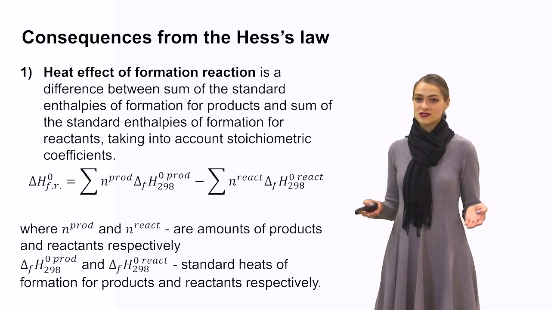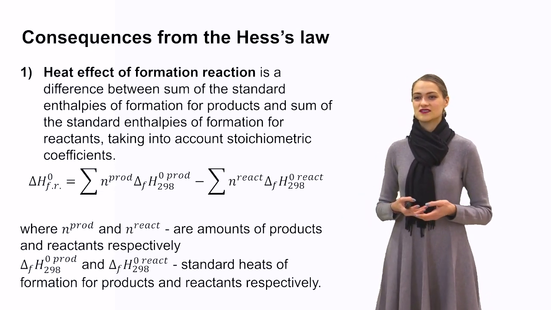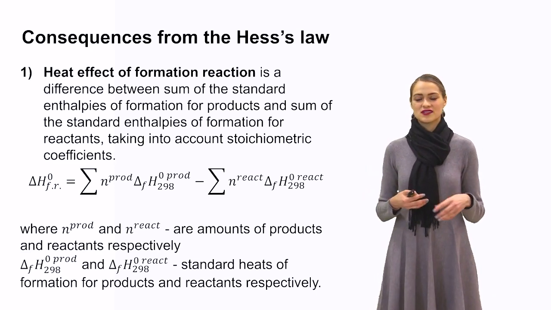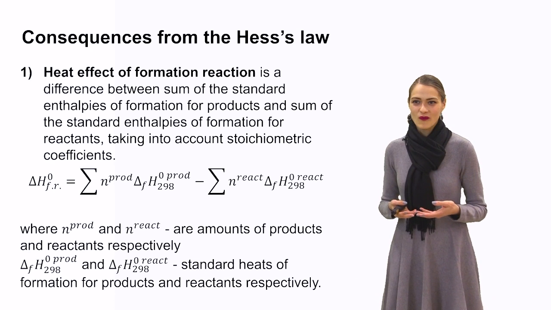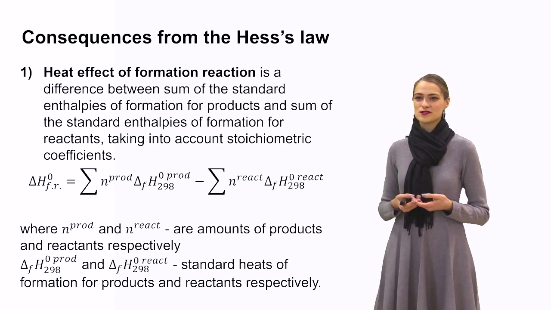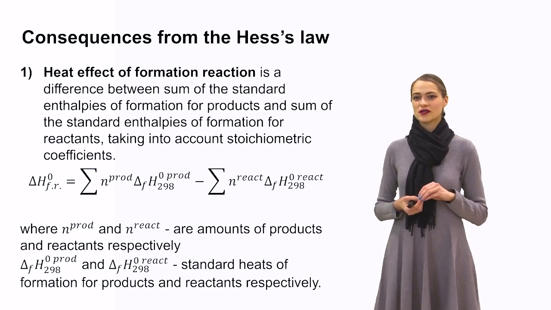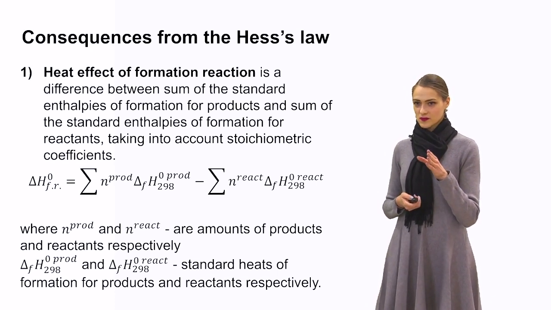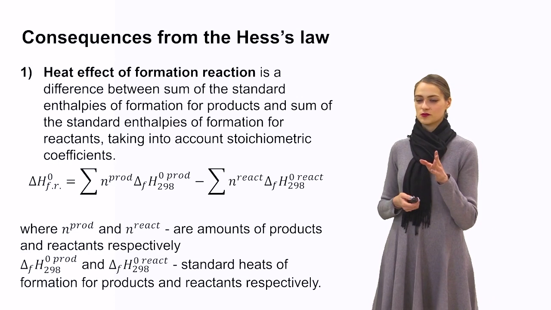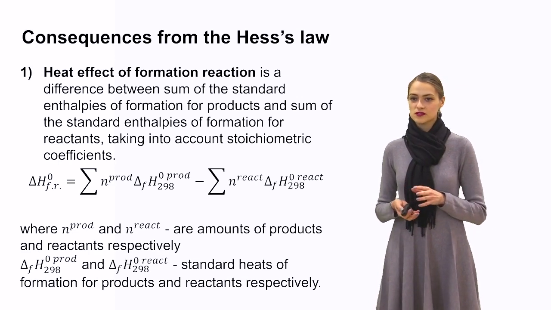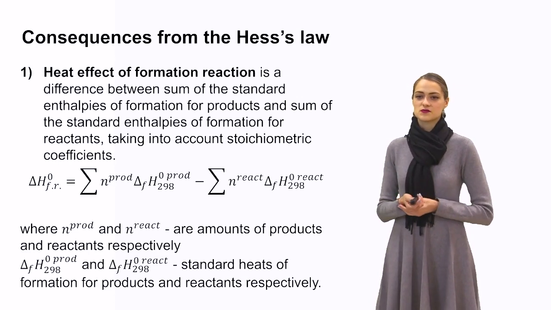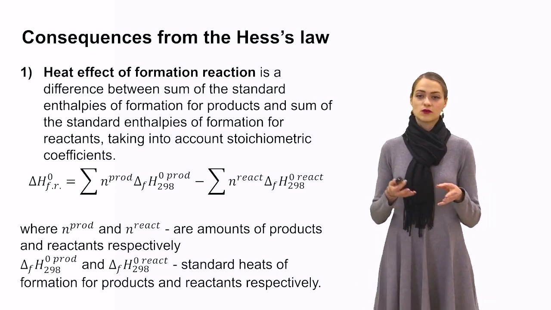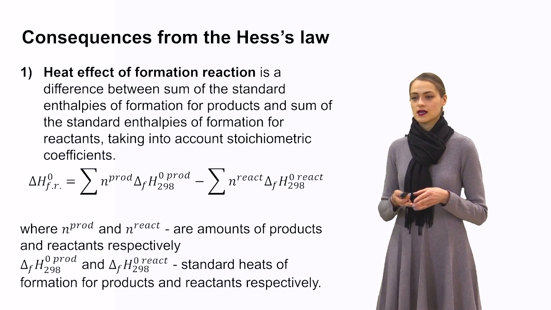And we already know that in real life, we also have reactions between more moles, and of course we need to put it in our calculations. So here you see that we have n of products and n of reactants, amounts of products and reactants respectively, and we use standard heat of formation for products and reactants.